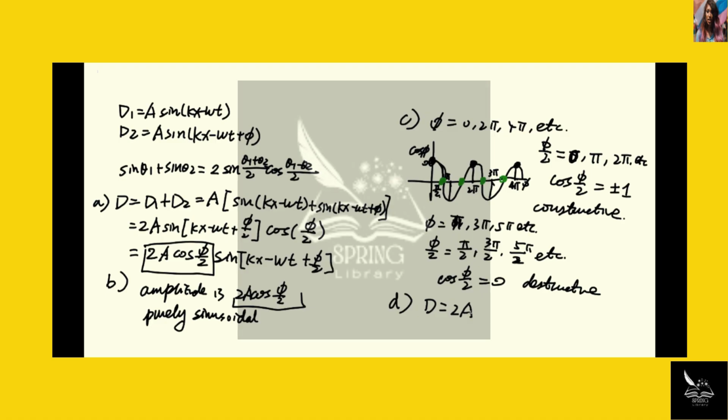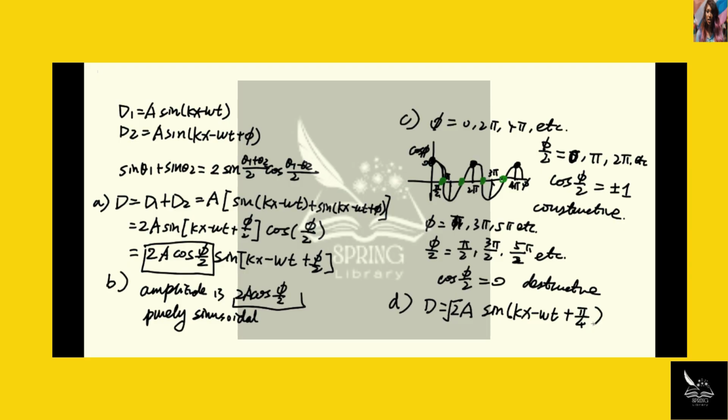When phi equals pi over 2, cosine phi over 2 is cosine pi over 4, which is cosine 45 degrees, which is square root 2 over 2. So this actually becomes square root 2 times A times sine of kx minus omega t plus pi over 4.